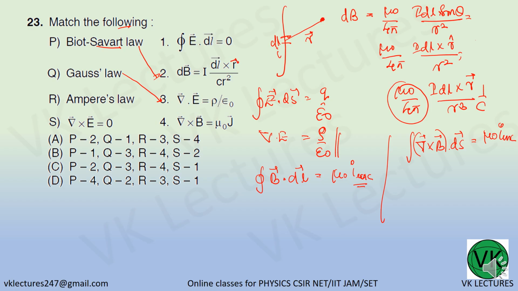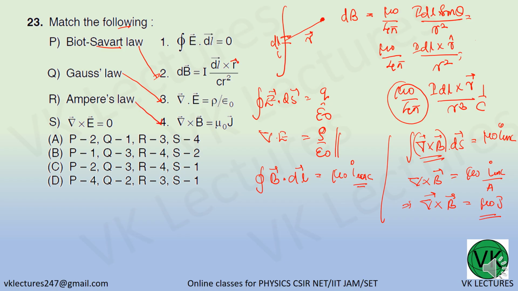Now ds is nothing but area, so del cross B is equal to mu naught I encircled by area. I by area is nothing but current density, that is J. So del cross B equal to mu naught J. So your Ampere's law is nothing but the fourth one.